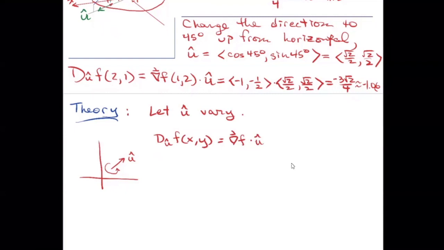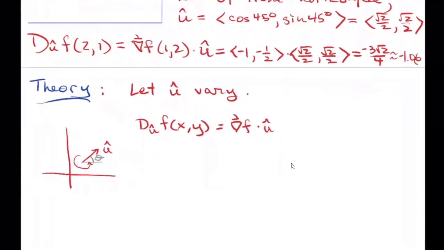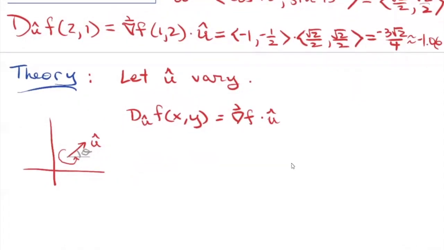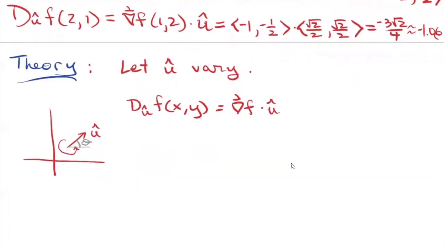Let me go ahead and mark my theta on this diagram. I don't know if you can see that. That's better. Okay, so it's the gradient of f dot u, but we know a lot about dot products. So that's the magnitude of the gradient of f times the magnitude of the unit vector, which is 1, times the cosine of the angle theta.